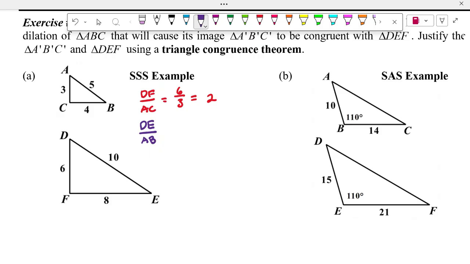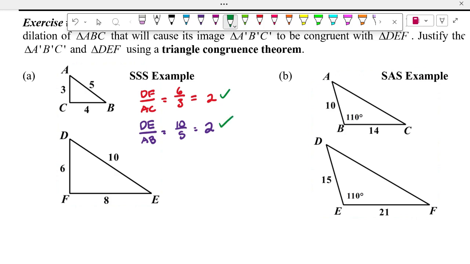Because what happens is that if you don't keep it consistent, you'll find that they are different numbers. So you may think that they're not proportional, but in reality, you just flip-flop the proportion. That's why you got to be careful and keep it consistent. So that would be 10 over 5, which is what? 2. So far, so good.